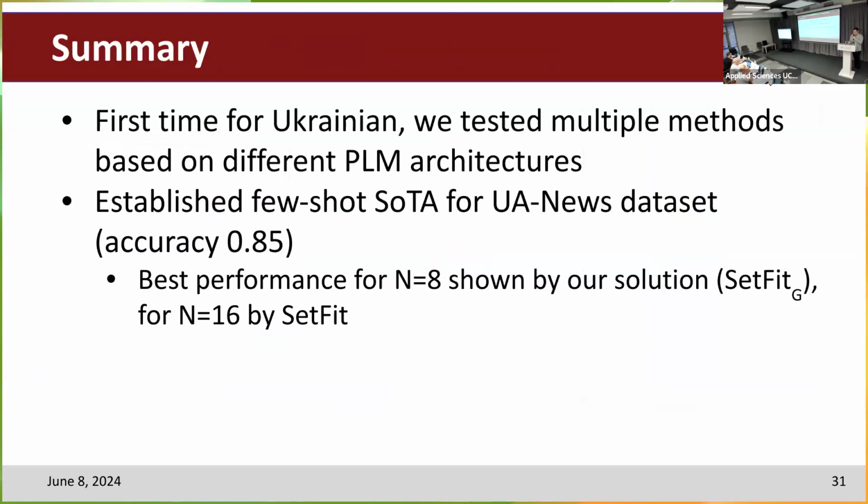To summarize, it is, to the best of our knowledge, the first time that for Ukrainian, multiple methods for few-shot text classification based on different pre-trained language model architectures were tested.